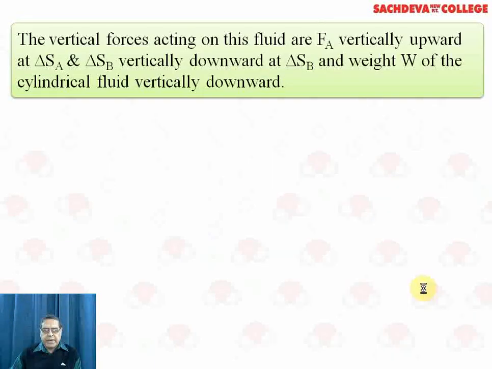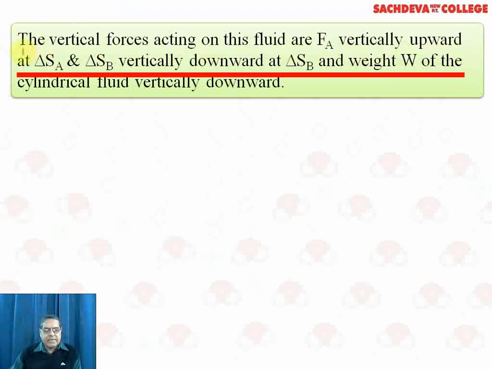Now we come to the next context. The vertical forces acting on the fluid: FA vertically up at SA and FB vertically down at delta SB, and weight means force.